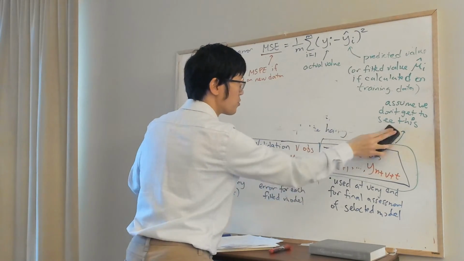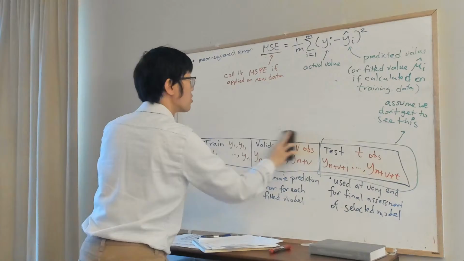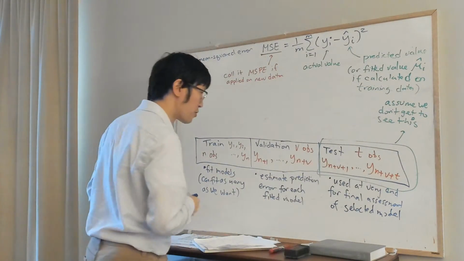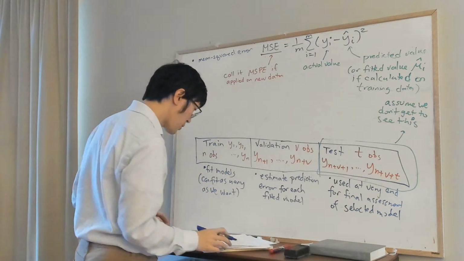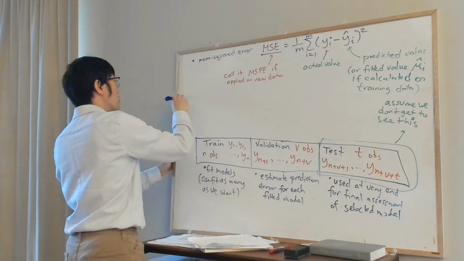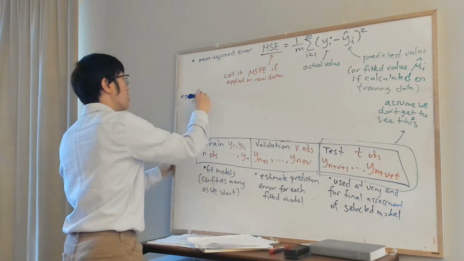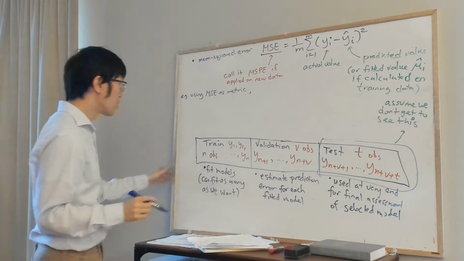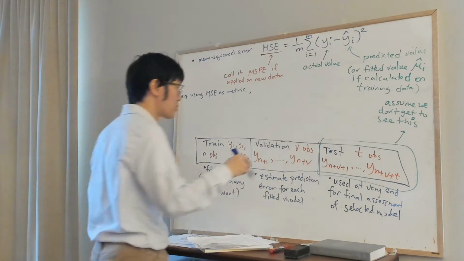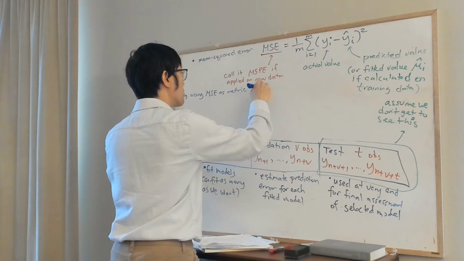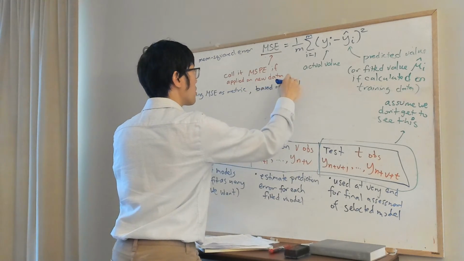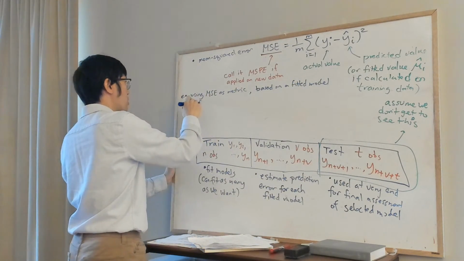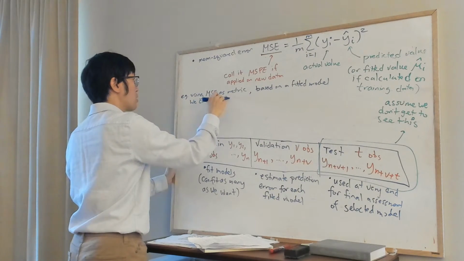Okay, so let's relate it to what we just talked about. So leave that here. For example, if we were to use mean squared error as the metric, suppose we fit a model, and based on the fitted model we can compute the mean squared errors.